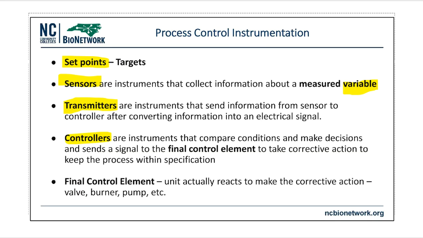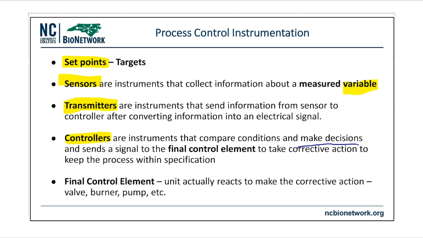Next up are controllers, and controllers are the things that are like the brain of the operation. They're going to be taking the signal that has been relayed through the transmitter that came from the sensor, and they are going to interpret what to do with that information. That's why we say here on the screen that they are actually going to be making the decisions. That's what the controllers do, and I think that again makes somewhat common sense.